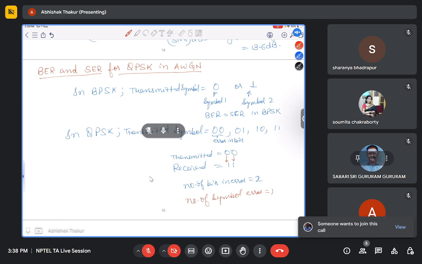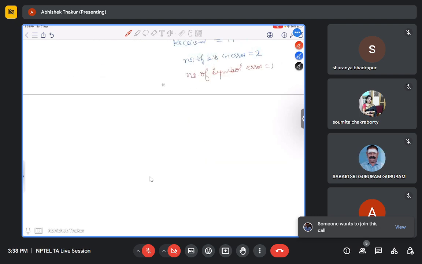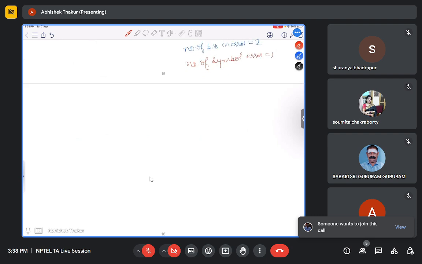So now we will see how to find the constellation diagram of QPSK. In QPSK there is a complex constellation diagram.